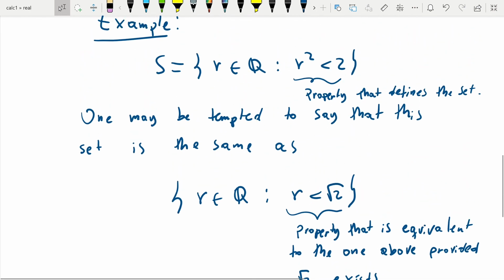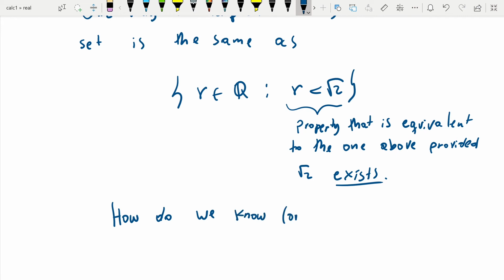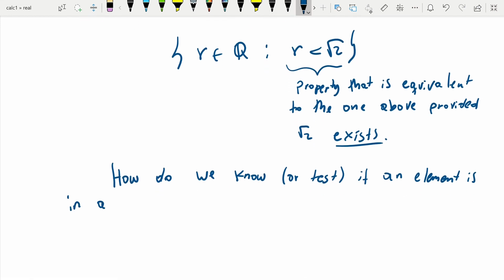And how do we test? Going back to the property, how do we know or test if an element is in a given set?